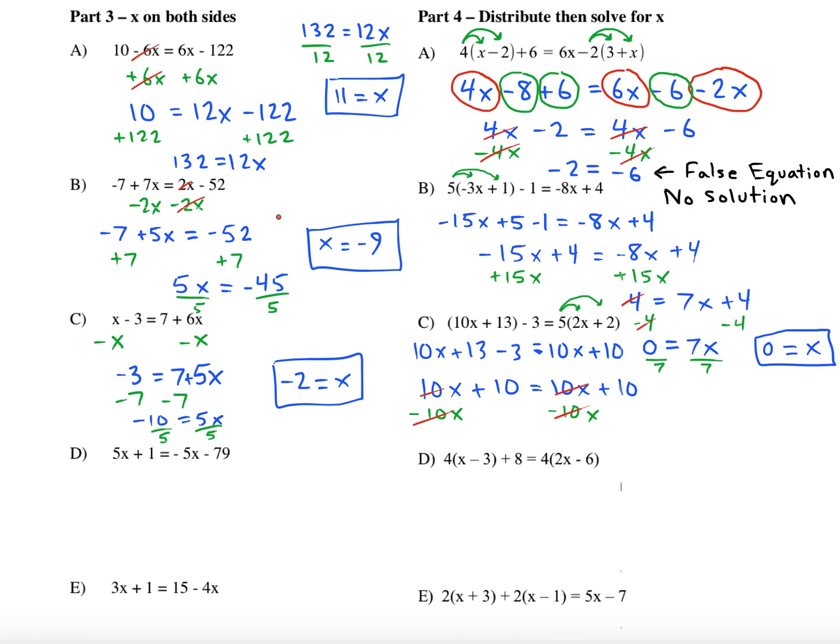The 10x's cancel on both sides. And we get 10 equals 10. All right, so our x's have gone, so now we have to be very careful about how we interpret the results, just like before. Is this one a false equation or a true equation, though?